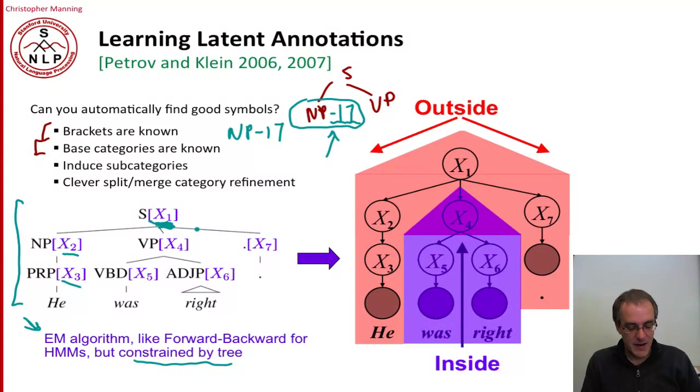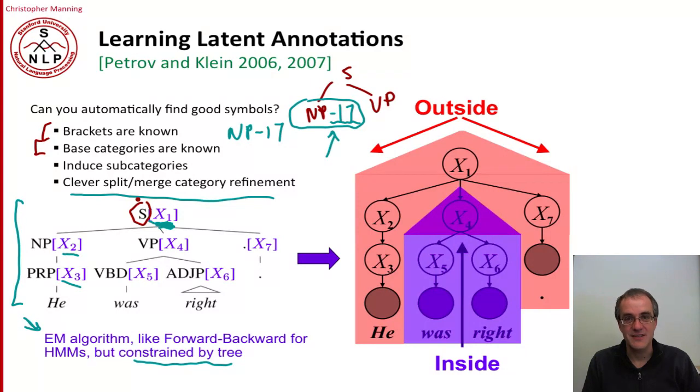So what Slav Petrov introduced was a cleverer split merge algorithm where for each category you started with just the single category of an S, and you said, okay, let's try and split that into two S categories. Is there a good way to split it to capture more conditioning information? Yes, let's keep that split. Okay, well, try again.